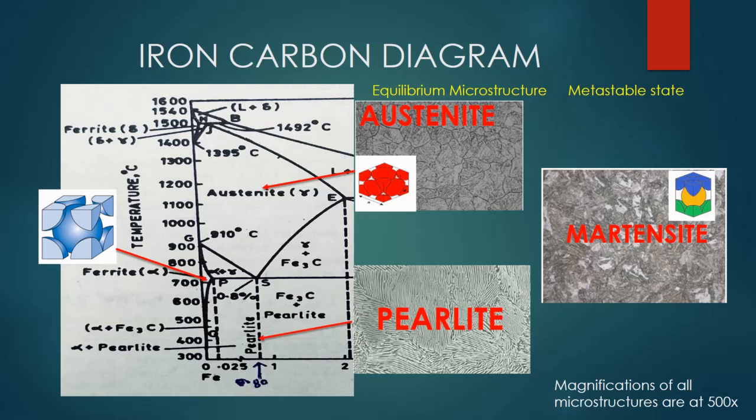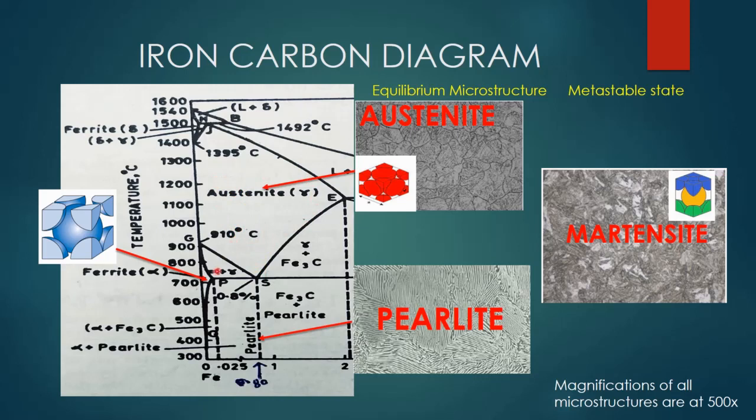The most important phase of our discussion to start with is austenite. Above 723 degrees centigrade, you can see the austenite phase, which is an FCC structure, that is face centered cubic structure.